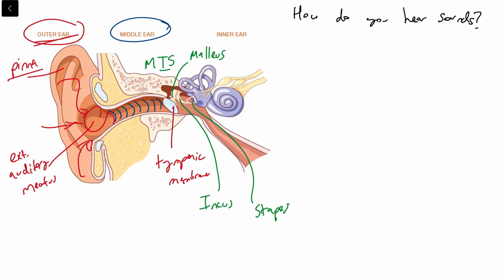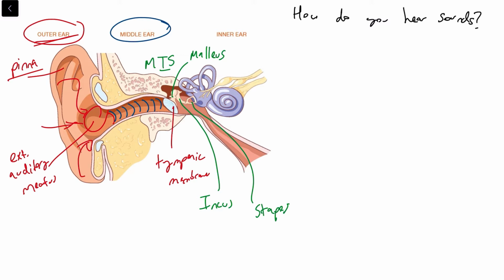Why are there three bones here? That's something I ask myself when I'm learning this stuff. One of the reasons is that having three bones allows your body to have muscles that pull on these bones to help reduce how loud sound is when there are sounds you don't want to be hearing.